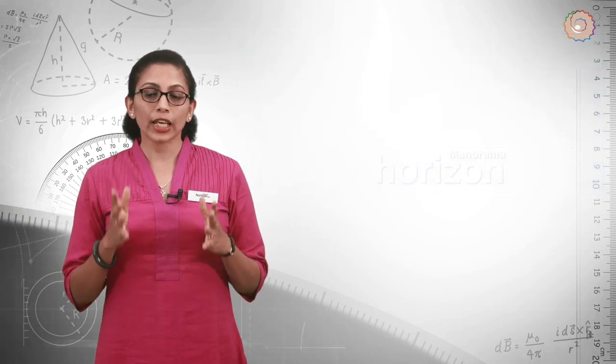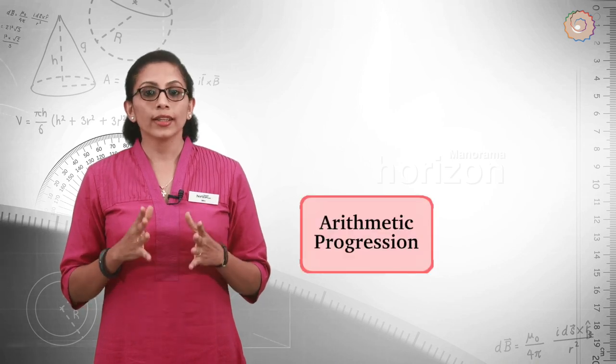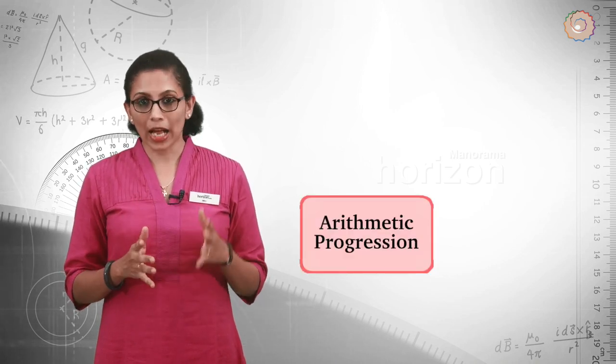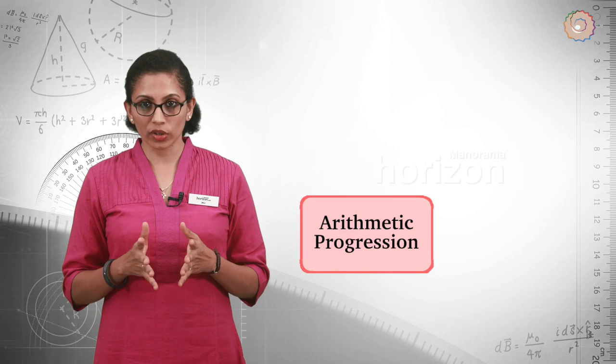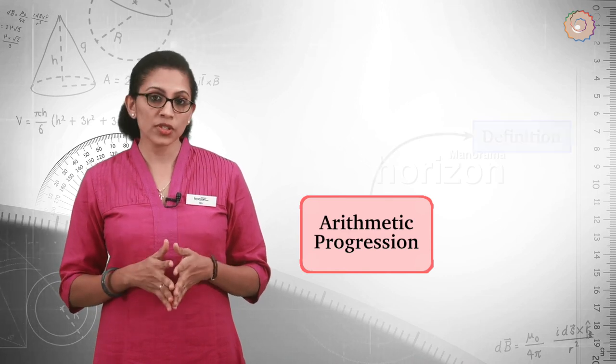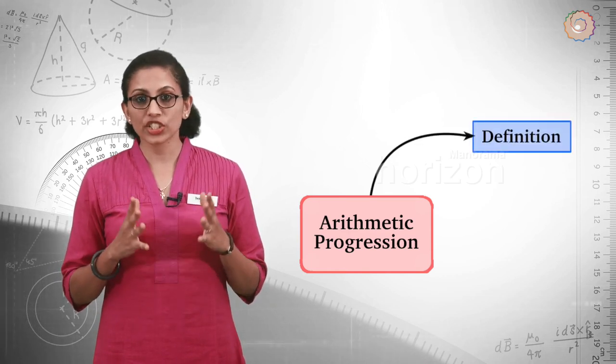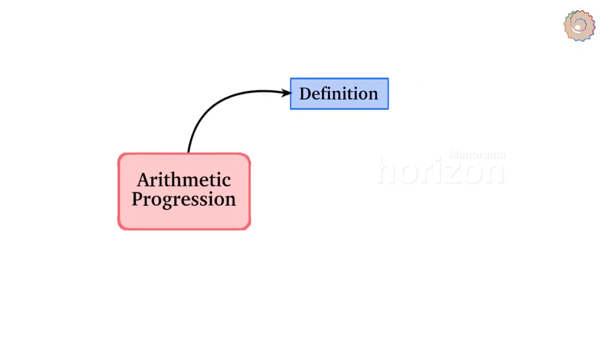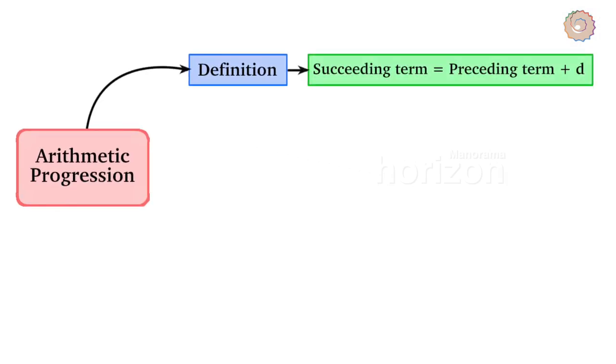So, let's have a recap of what we have discussed in this section. Through an example, we have seen what an arithmetic progression is and its basic concepts. We define arithmetic progression as a list of numbers in which each term is obtained by adding a fixed number to the preceding term except the first term, and the fixed term D is called the common difference.